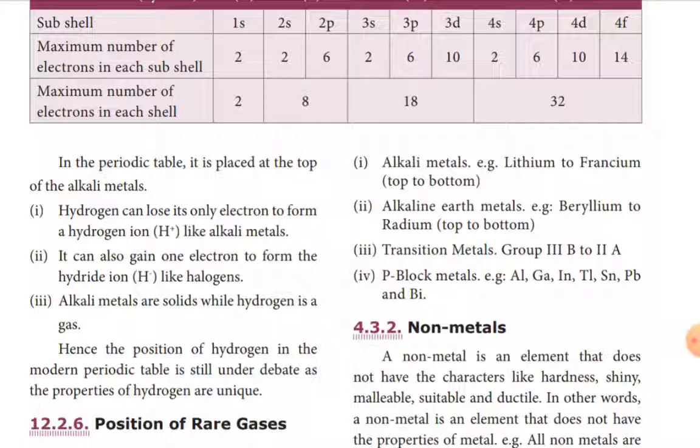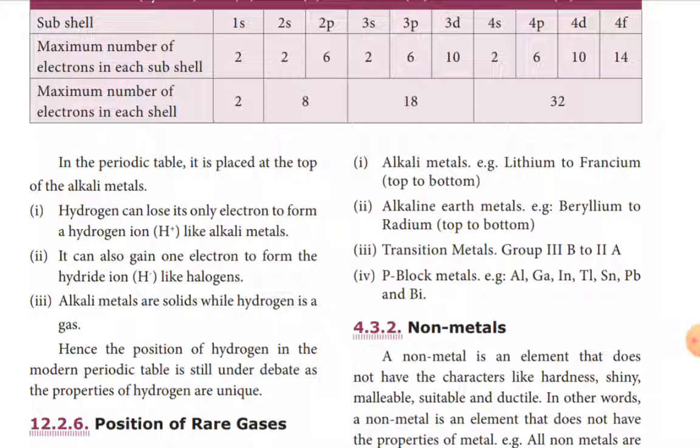Then transition metals, groups 3B to 2B, are in between the s block and d block. Then p block elements, that is aluminium, gallium, indium, thallium, tin, lead, bismuth. They are all p block elements.